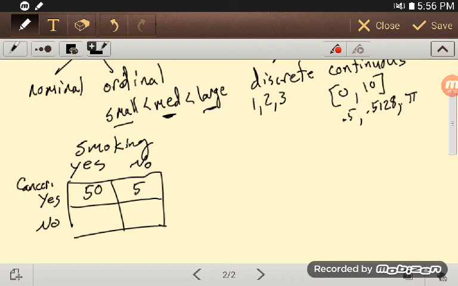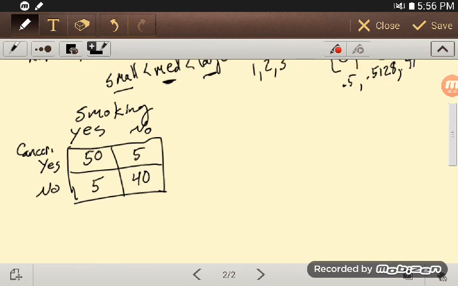And smoking yes, cancer no, maybe there were like 5 of those. And then smoking no, cancer no, maybe there were 40 of those in your study. And so this would be something you would tend to do with strictly categorical variables.